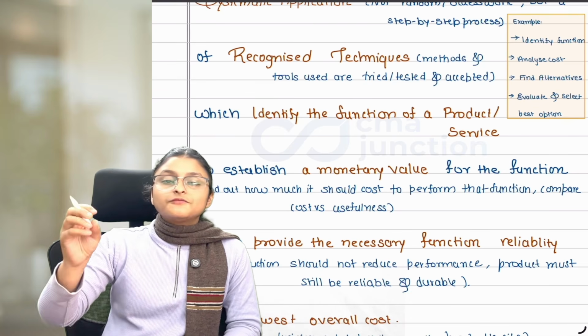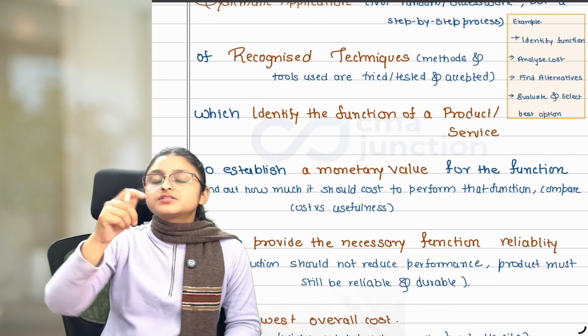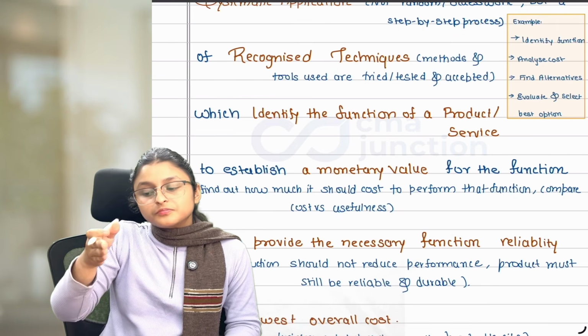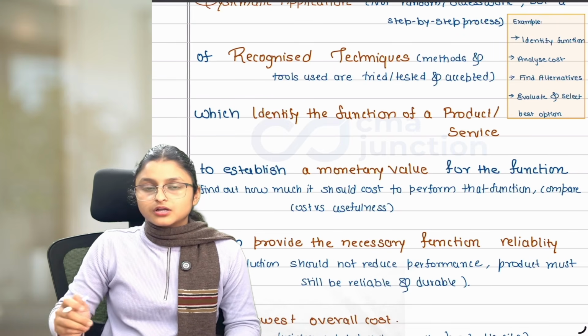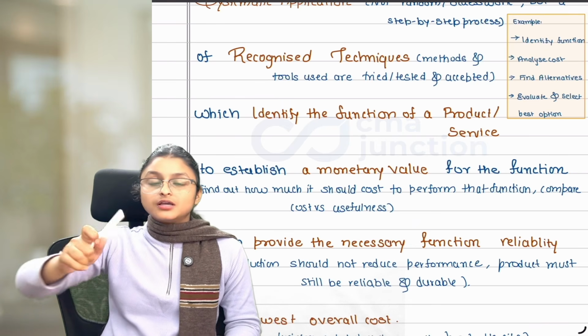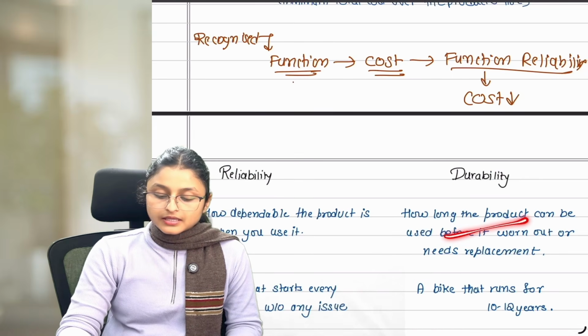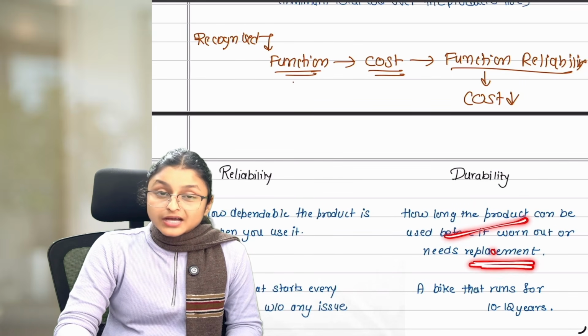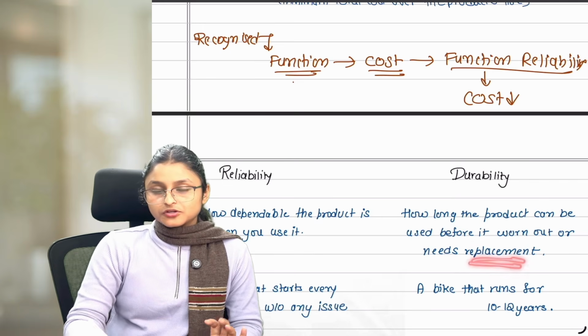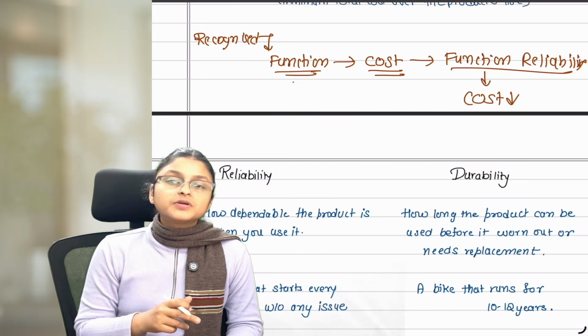Durable means, without replacing the product or changing it with some other product, how much period of time that particular product can work. So the fan can work for 5 years without any replacement. That is the durability of the product. When we say durability, we are only focusing on replacement of the product, that is, after how much time the product should be replaced.